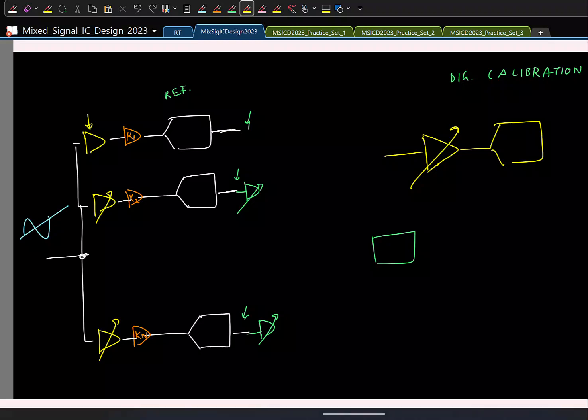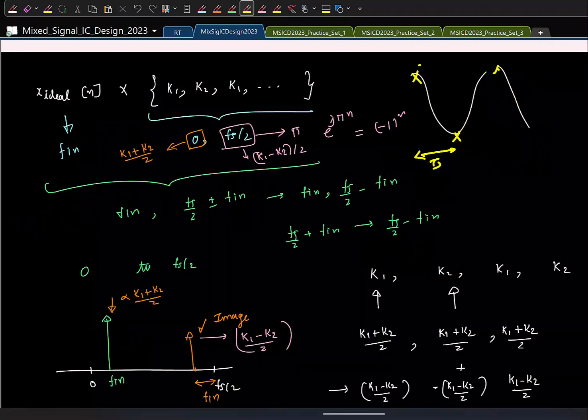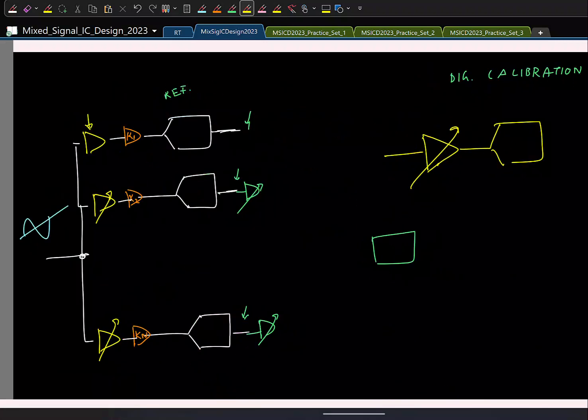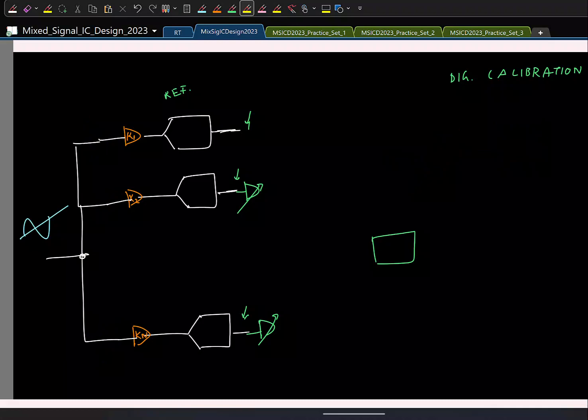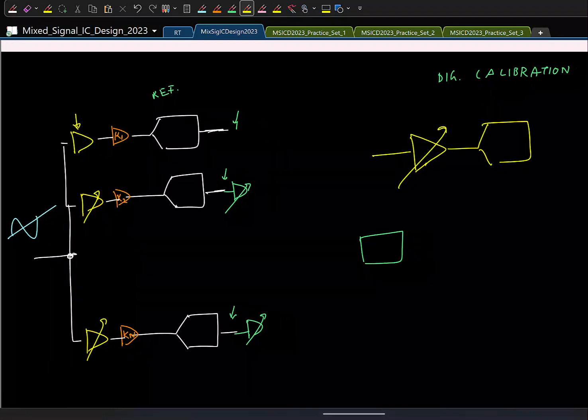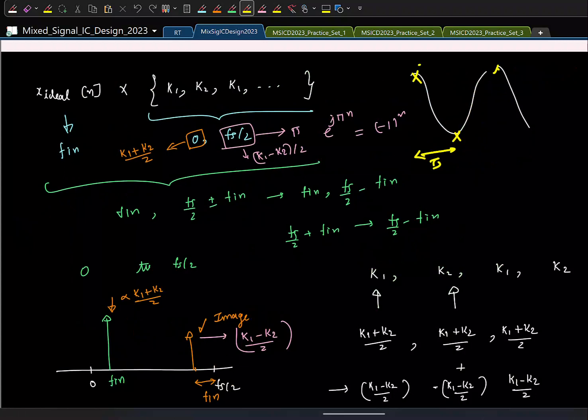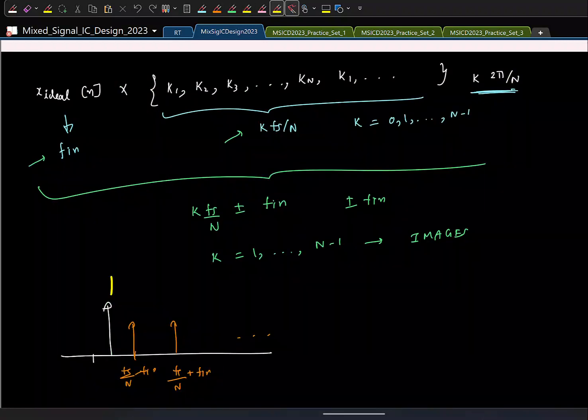Great. What is the point of the filter? Tones, you're saying. Here I have considered only a tone at Fin, in which case the image frequencies will be deterministic.